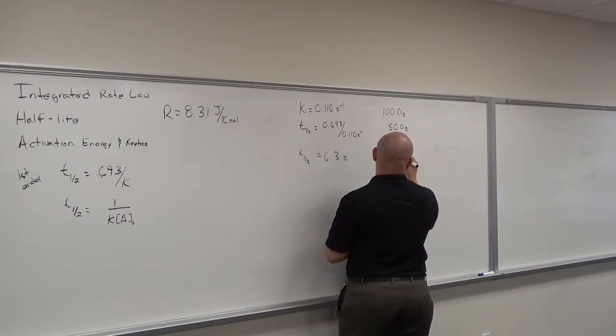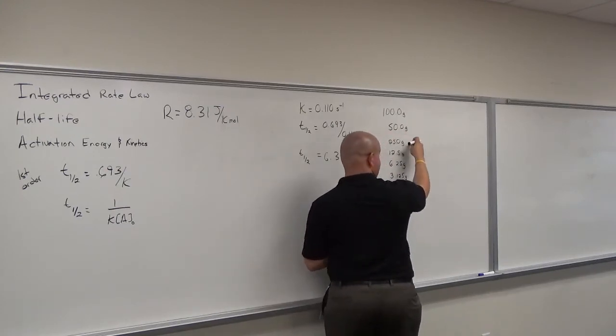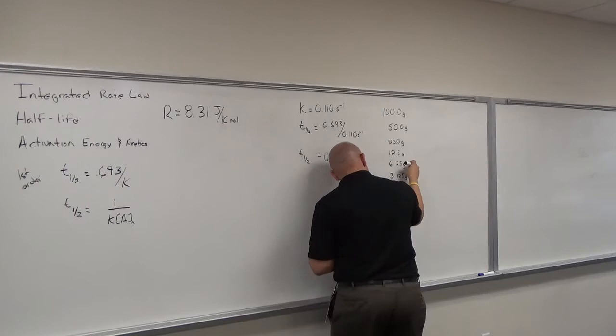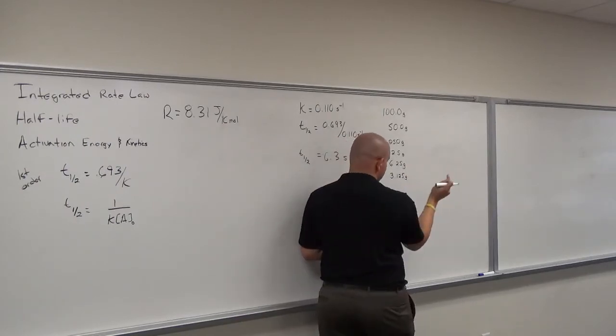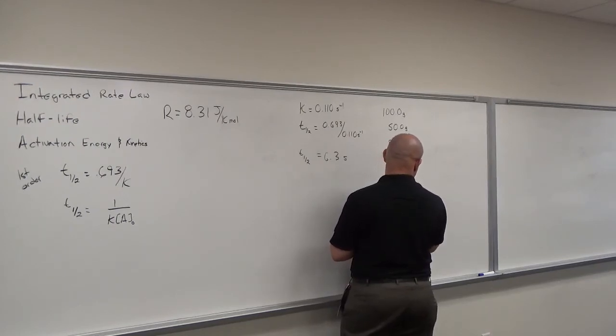12.5, 6.25, 3.125. So that's 1 half-life, 2 half-life, 3 half-life, 4 half-life, 5 half-life. So what is this? 1.5625.